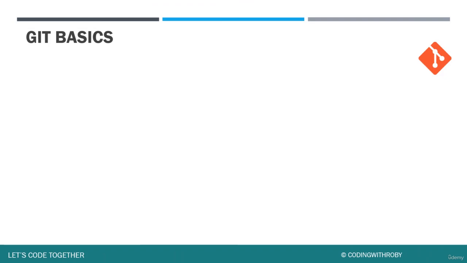So let's take a look at a high-level view of our Git Basics project. We will start by creating a new empty directory called Python Git Basics. We will then git init our Python Git Basics to initialize a Git repository.